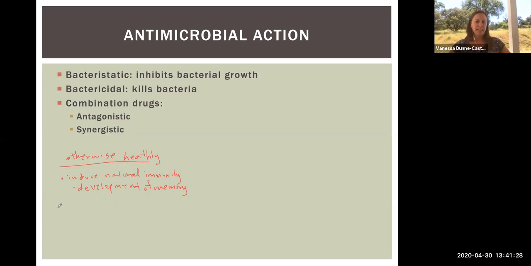So bacteriostatic medications would halt the growth so that your immune system can respond, which is good. Anything that induces natural immunity when we have the development of our memory response is very good.